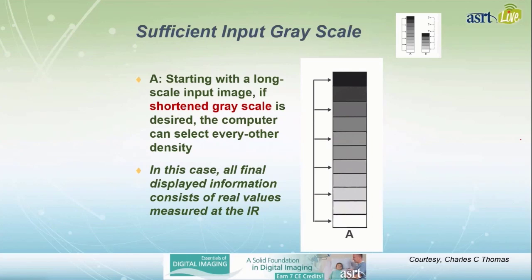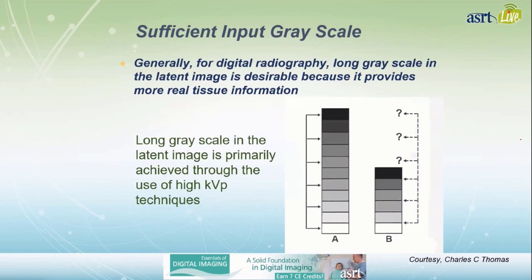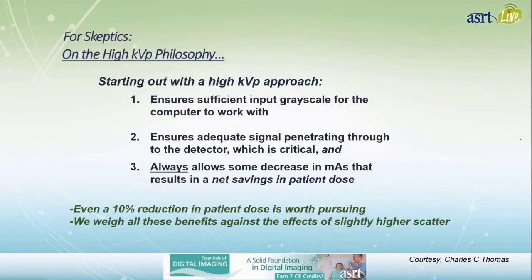In this case, all of the final information displayed consists of real values. If we do the opposite, if we start with a short scale image and then interpolate or extrapolate new values to make it long grayscale, those values are fabricated, so they constitute artificial information. So it's desirable to actually use long grayscale, which again leads us to high kVp.